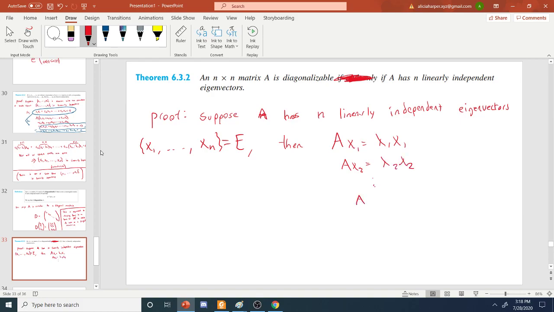And so on, A xn is equal to lambda n xn. So with respect to the basis E, A acts as a diagonal matrix.